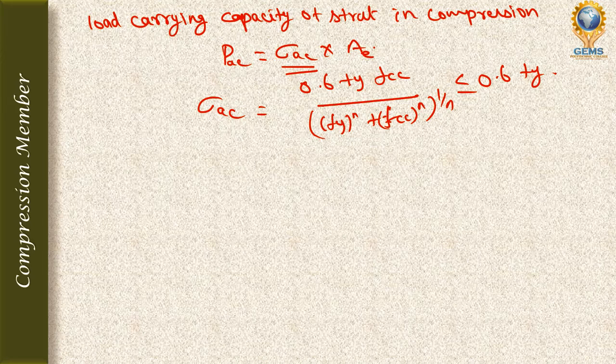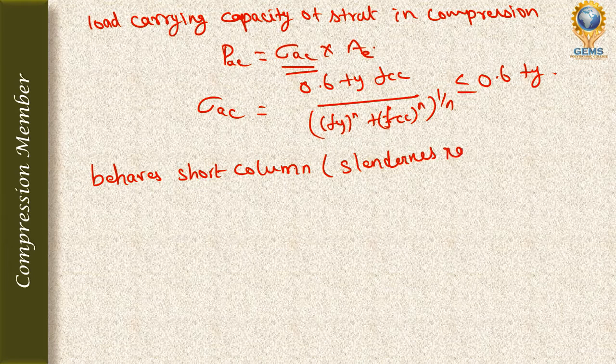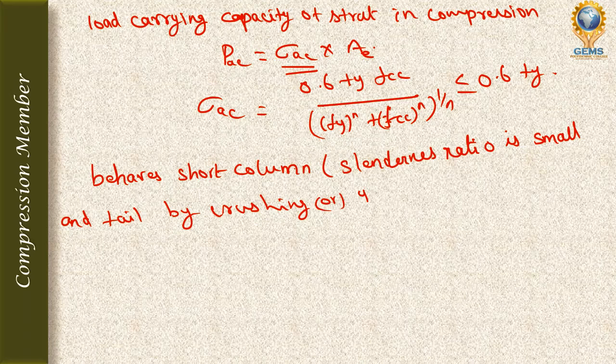If a strut behaves like a short column, the slenderness ratio is small, and the section will fail by crushing or yielding.